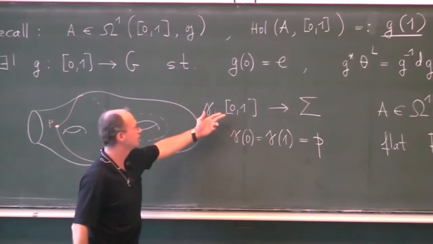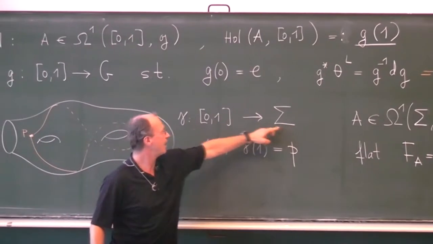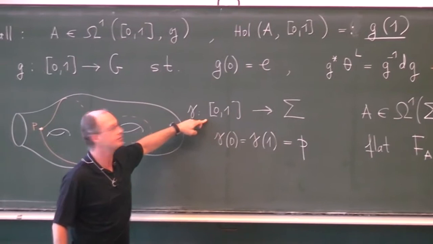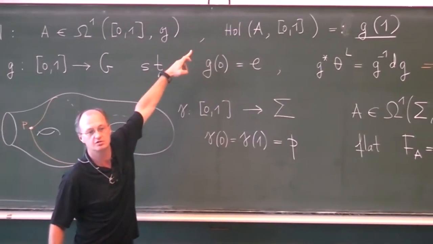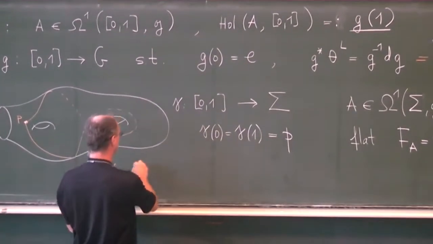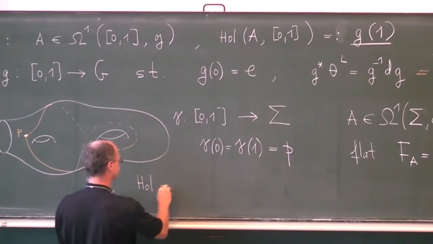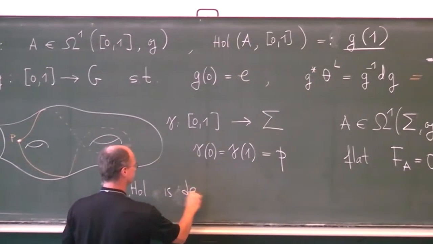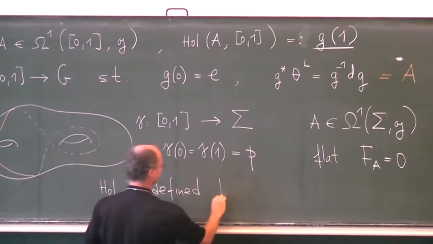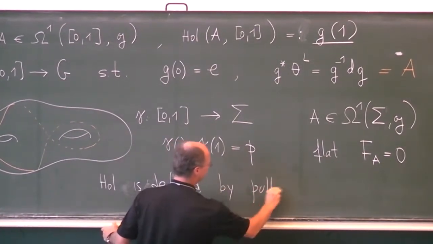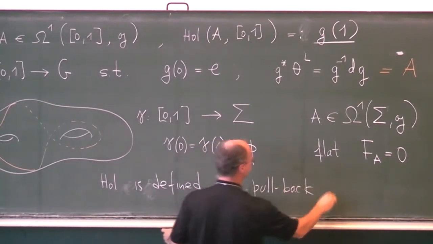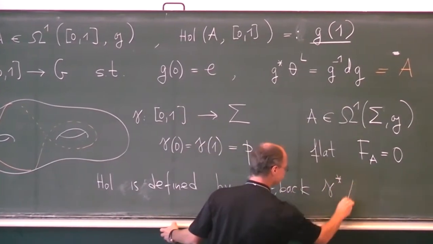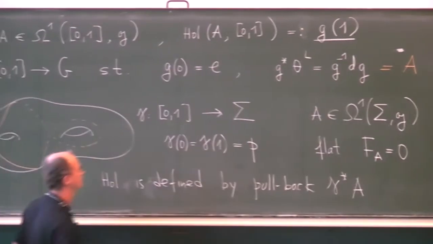Then what we do, we simply pull it back to the 0-1 segment and use this definition of the holonomy. So we just take the pullback gamma star of A.